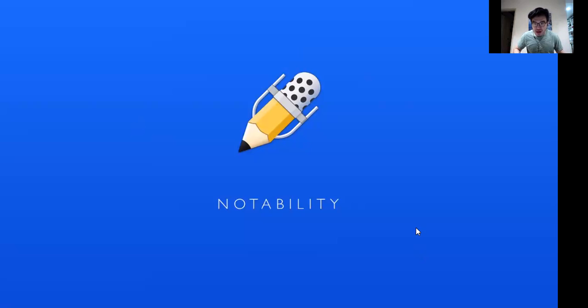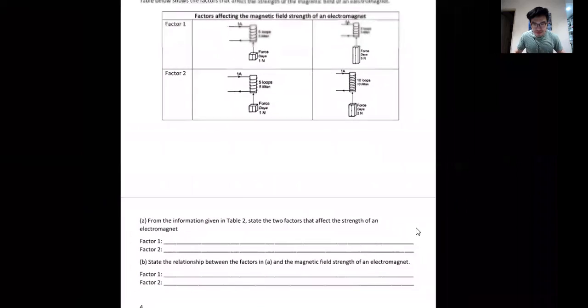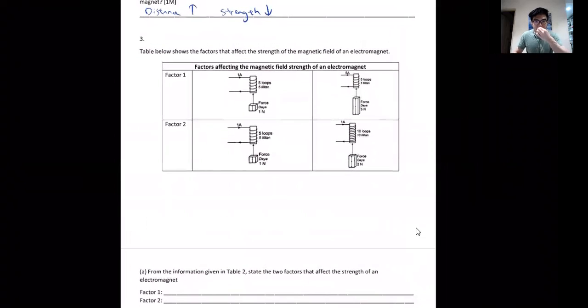Okay, so anyway, let me give you the answer for last week. Okay, which is this question 3. Okay, our magnet. So we will finish this and then we will go for revision.